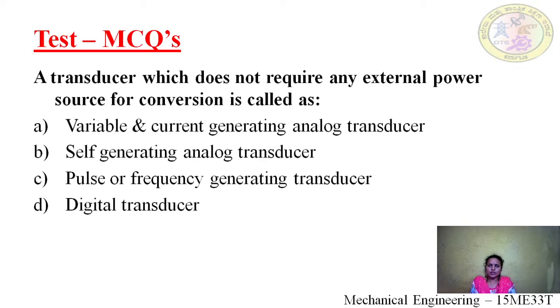We'll go to the next question. A transducer which does not require any external power source for conversion is called as: variable inductance generating analog transducer, self-generating analog transducer, pulse or frequency generating transducer, digital transducer.